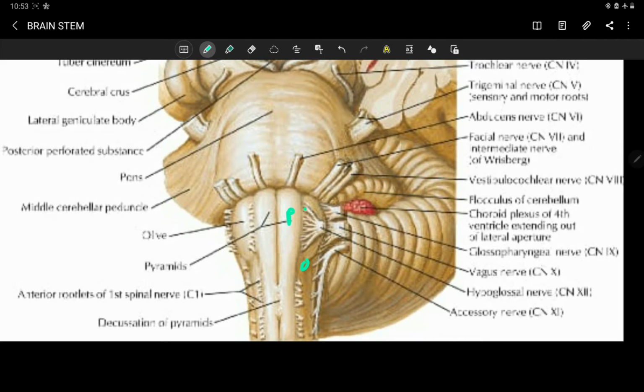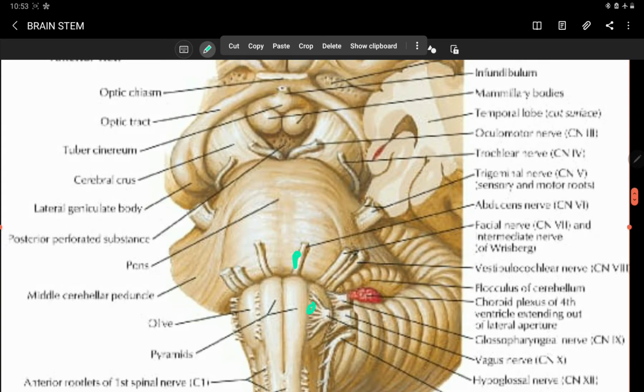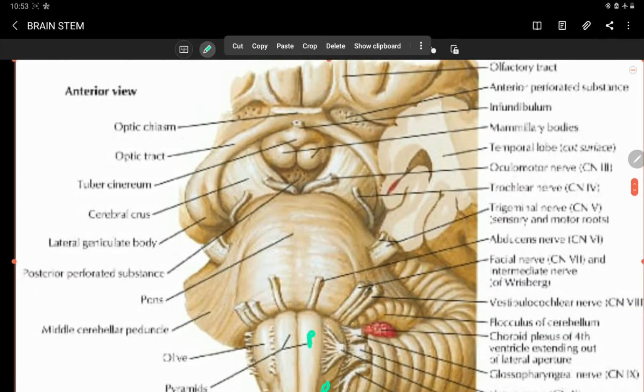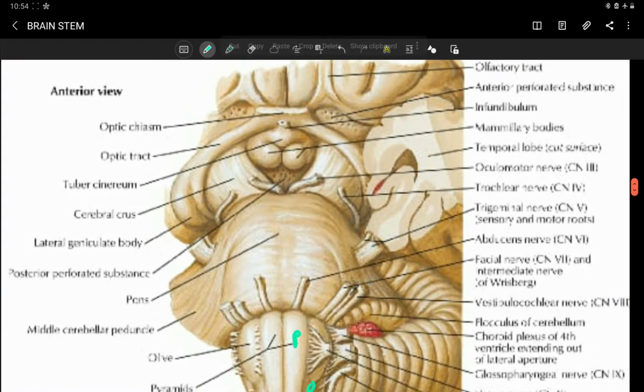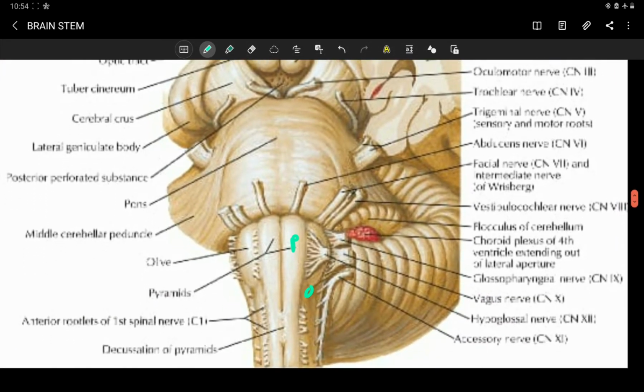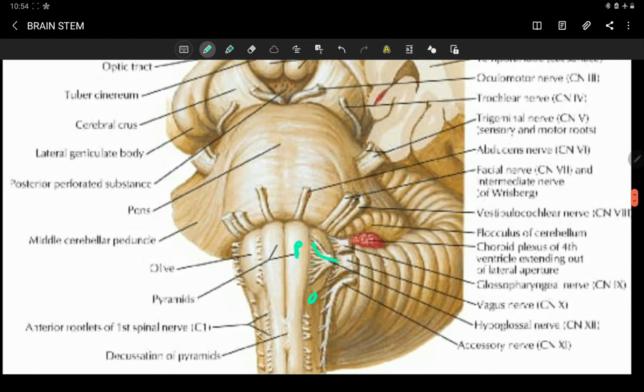You can see here the 12th cranial nerve emerging out from the junction of pyramid and olive. Pyramid and olive, 12th cranial nerve, the hypoglossal nerve.